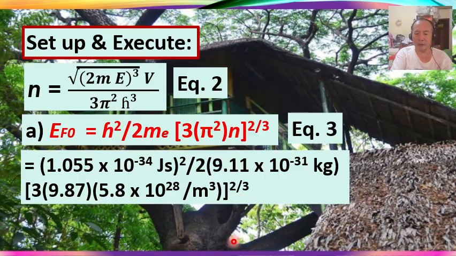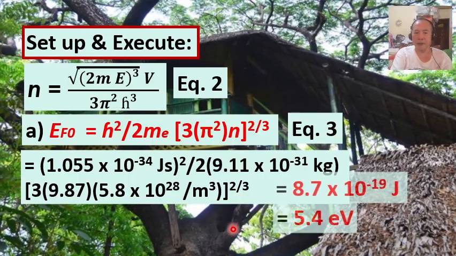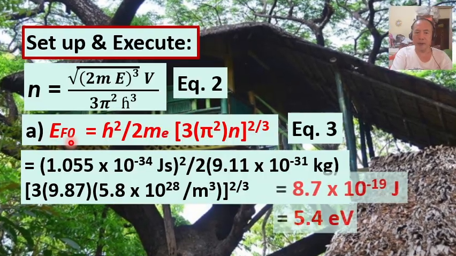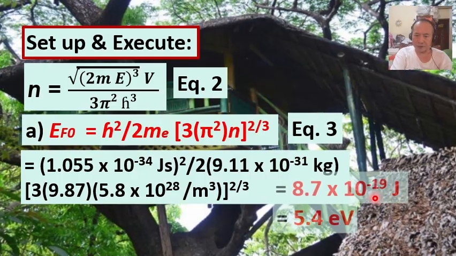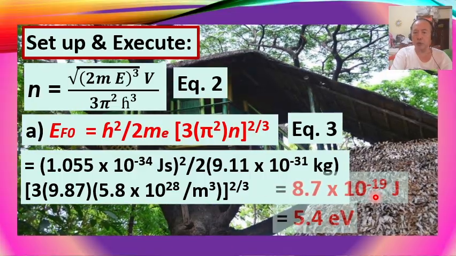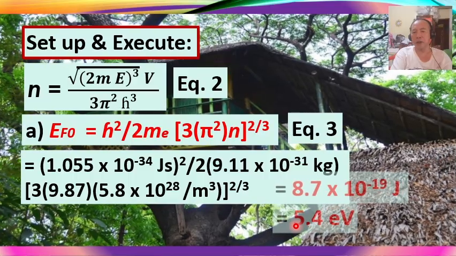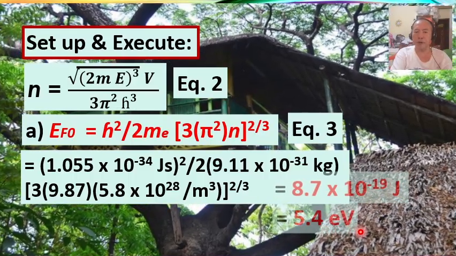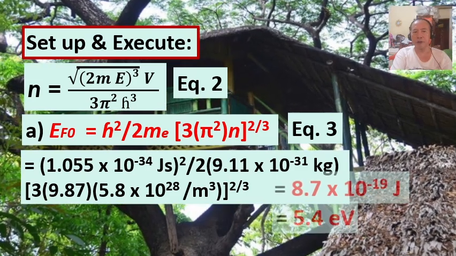When we do our math, we get the value of the energy, capital E sub F naught, equal to 8.7 times 10 raised to the negative 19 joules, which when converted to electron volts is also the same as 5.4 electron volts in two significant figures.